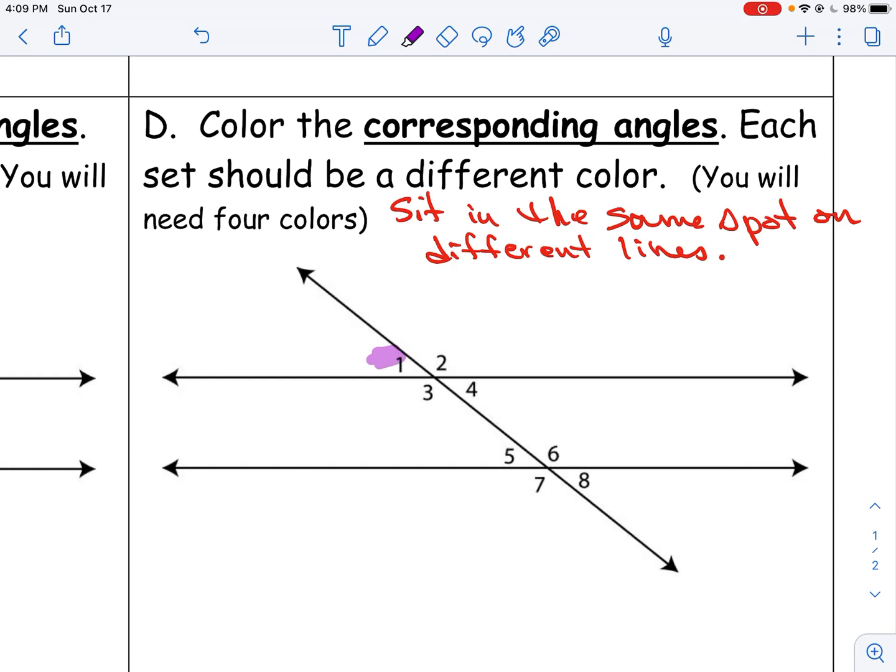So if I'm talking about this angle right here, it's in the top left of this line right here. It's in the top left of that line right there. So now I'm going to look down at this line right here, and I'm going to say, what's the top left? The top left is this one right here. So those are the corresponding angles.